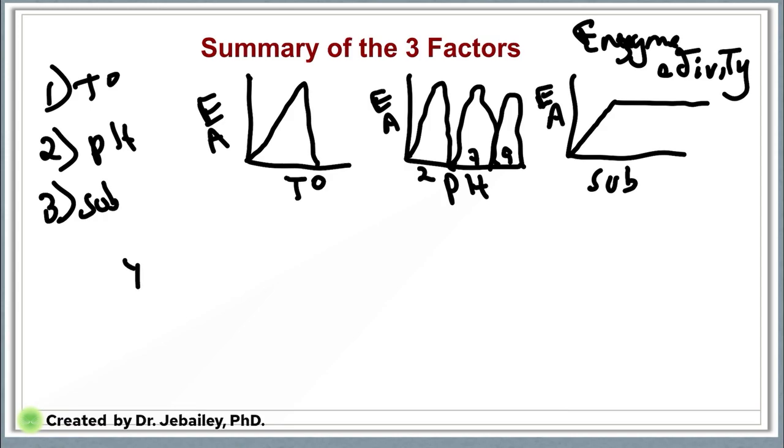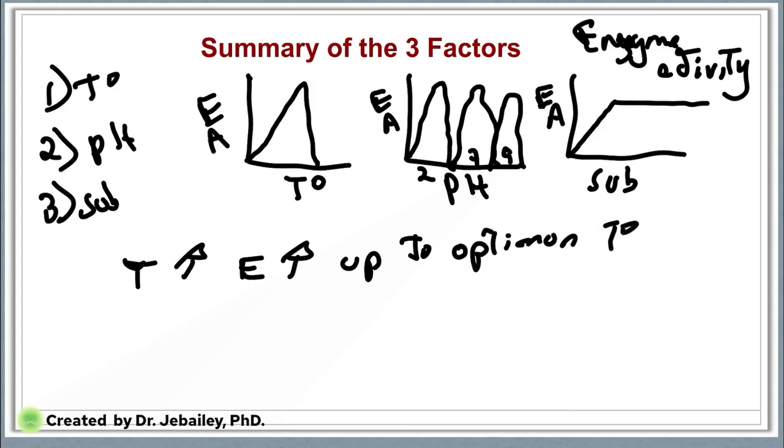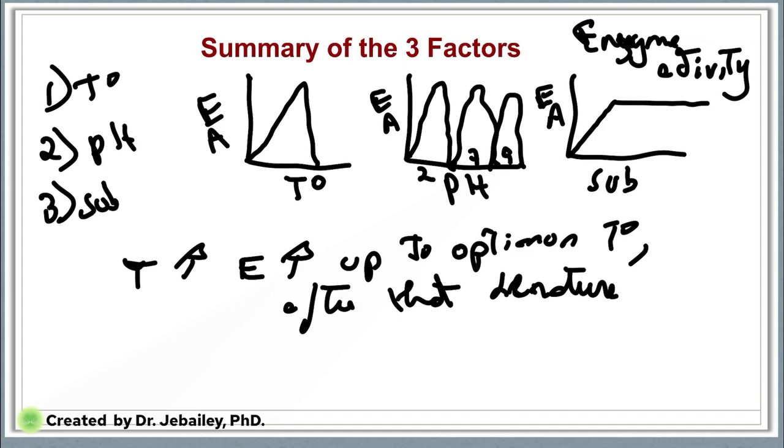When it comes to temperature, increased temperature, and the enzyme activity will increase up to what? The optimum temperature. After that, what happens after that? Denature. Also, you can talk about how if you increase the temperature, there are more collisions.